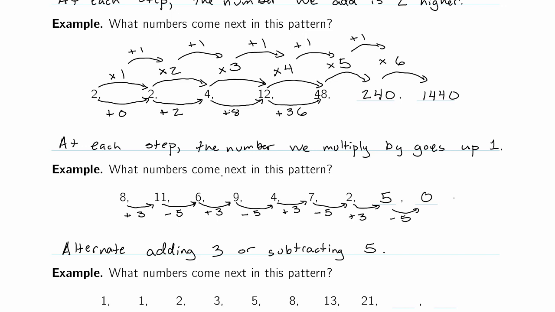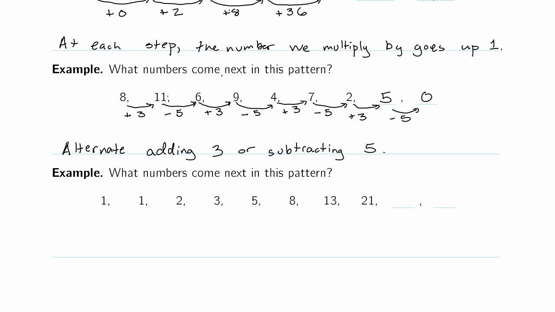Okay, there's one more kind of pattern that we're going to spot here. And that's what we see in this number sequence. When we look at what numbers we add, well, to get from 1 to 1, we add 0. And then from 1 to 2, we add 1. From 2 to 3, we add 1. From 3 to 5, we add 2.